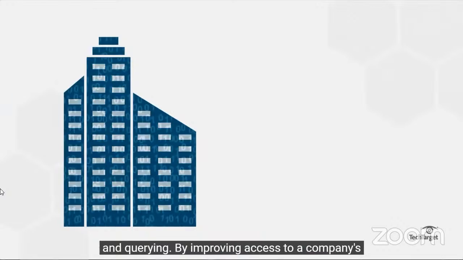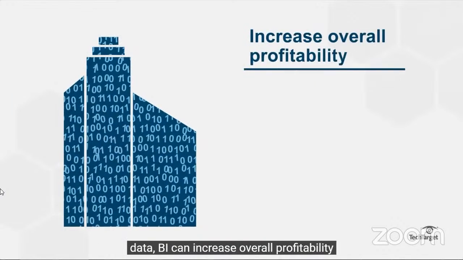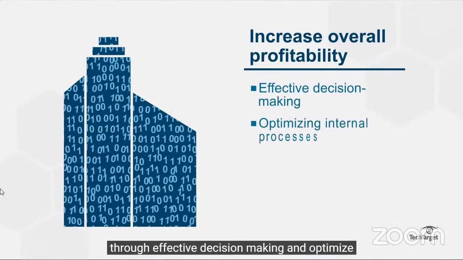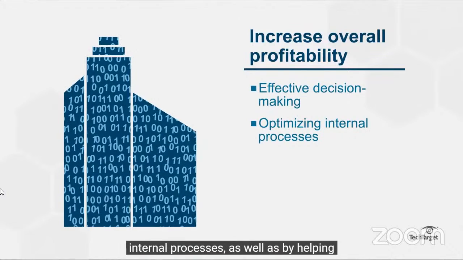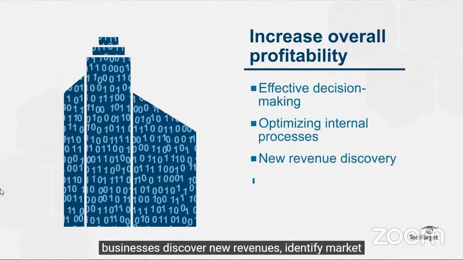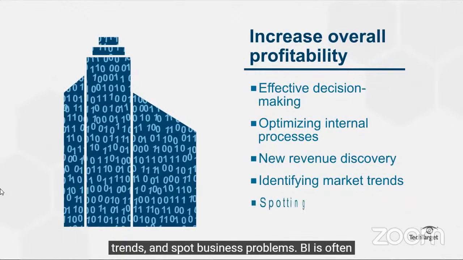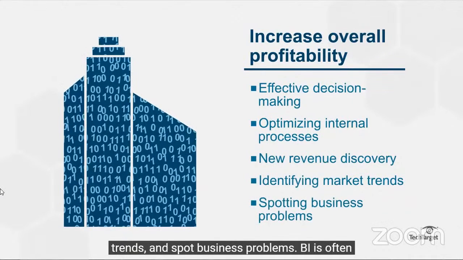By improving access to a company's data, BI can increase overall profitability through effective decision-making and optimize internal processes, as well as by helping businesses discover new revenues, identify market trends, and spot business problems.